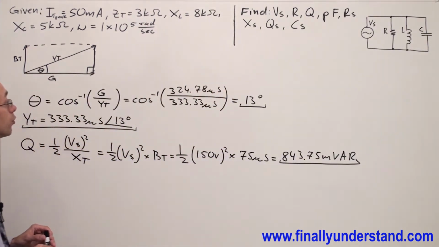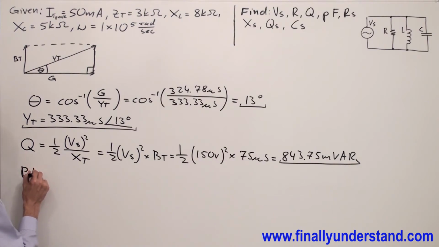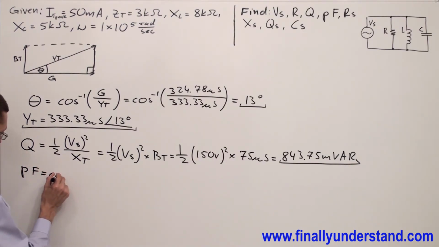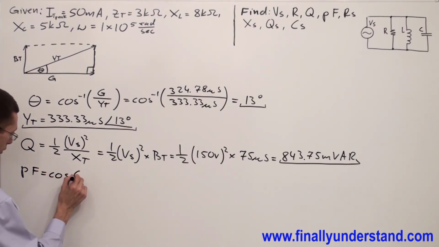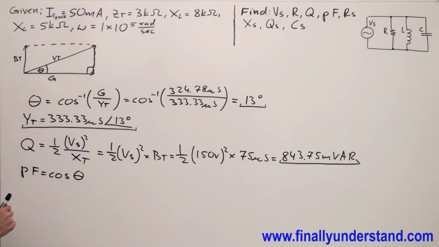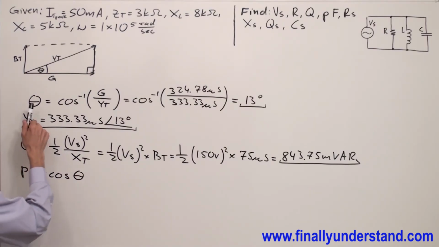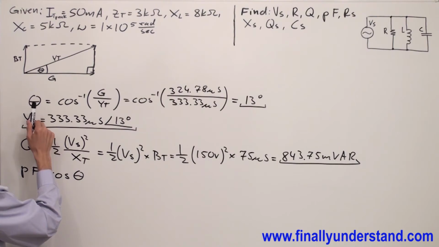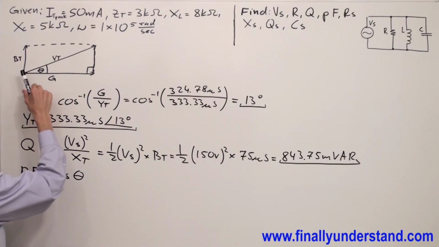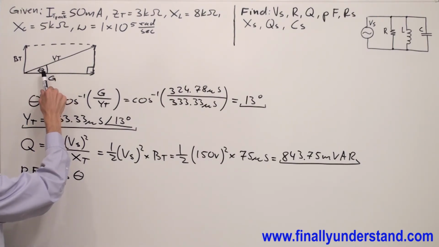Next, we're supposed to find the power factor. So power factor is equal to cosine of angle theta. Please notice that this angle which we found is the angle obtained from the admittance diagram.